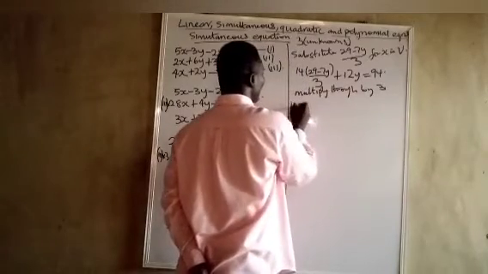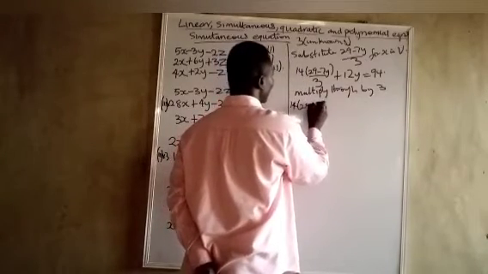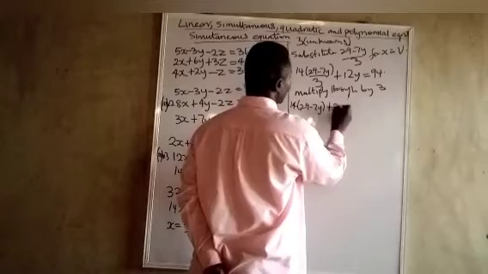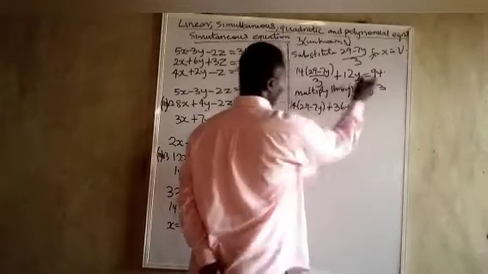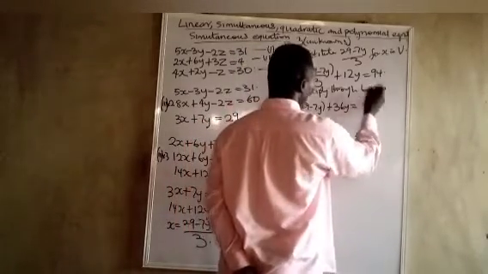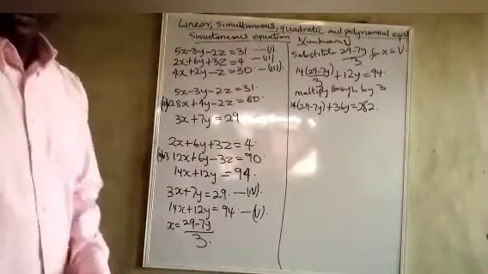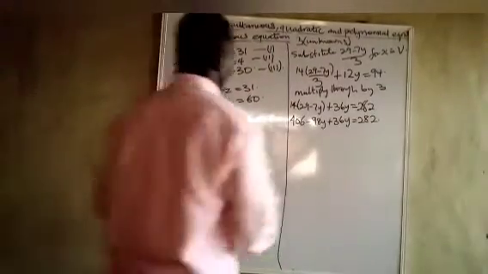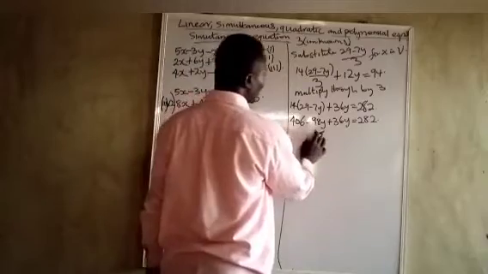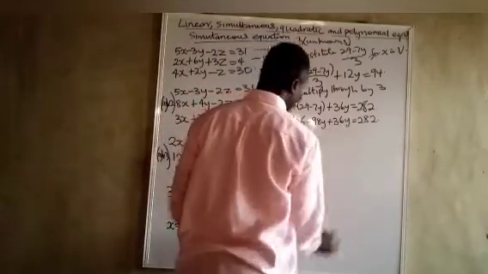So I have 14 into (29 minus 7y) plus 36y is equal to 282. On expansion, I have 406 minus 98y plus 36y equals 282.